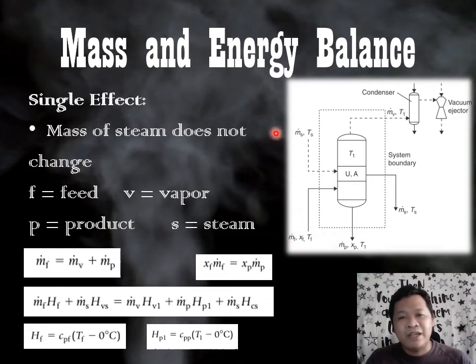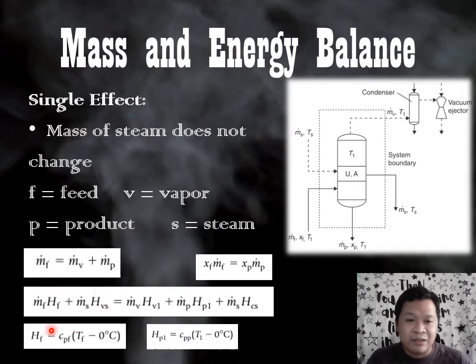So in short, the energy of all your inputs, which is your steam and your feed, should equal the energy of all your output streams, assuming steady state tayo na walang accumulation ng energy or heat dito sa loob ng equipment natin. So paano natin ilalagay yun?